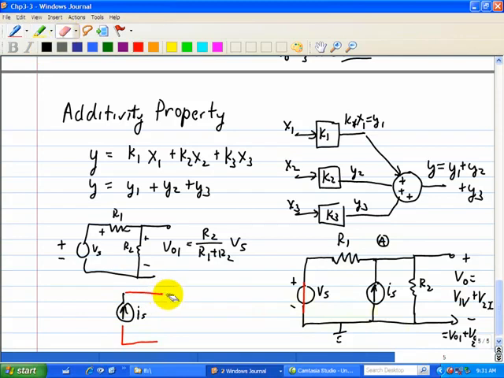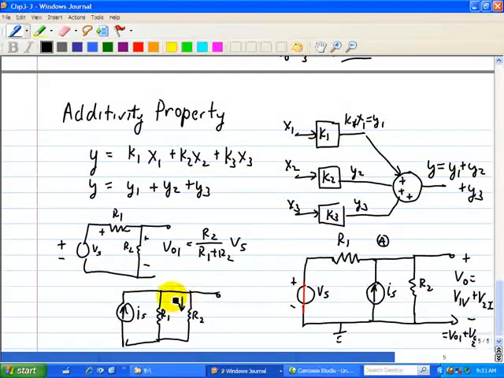So here we have R1, and here we have R2 with VS removed. And so we have I2 there, and that's basically VO2.